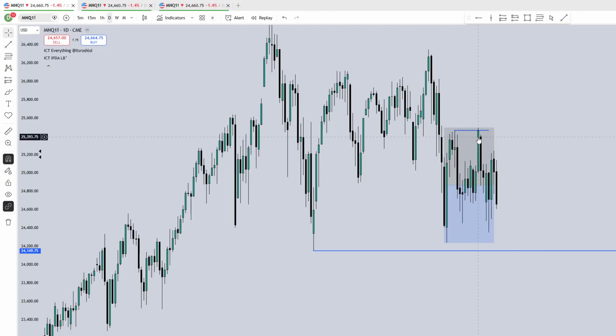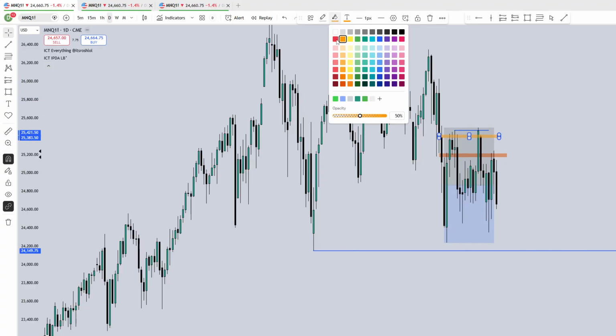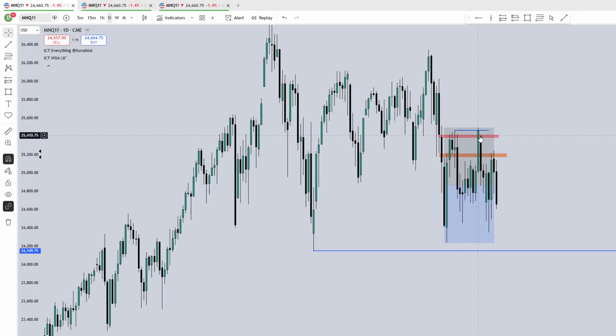We swept that high a couple weeks ago. Still inside this range. We had this liquidity pool, this internal range here, or this was a volume imbalance. We swept that high, and then notice how all the bodies are just in this range, gravitating at 50%.